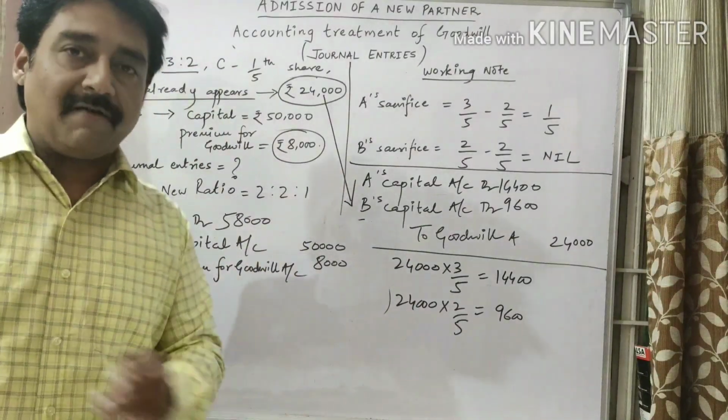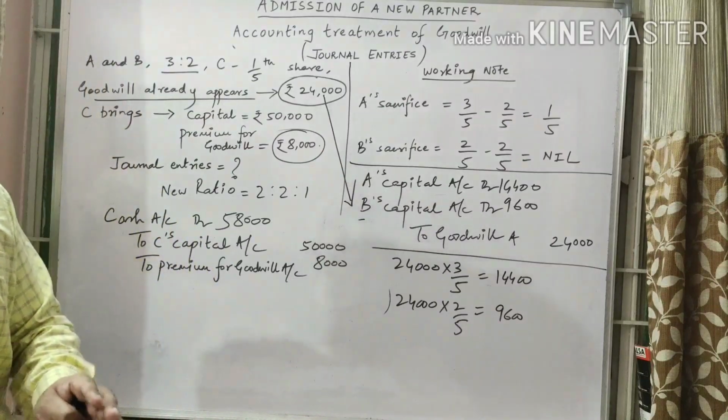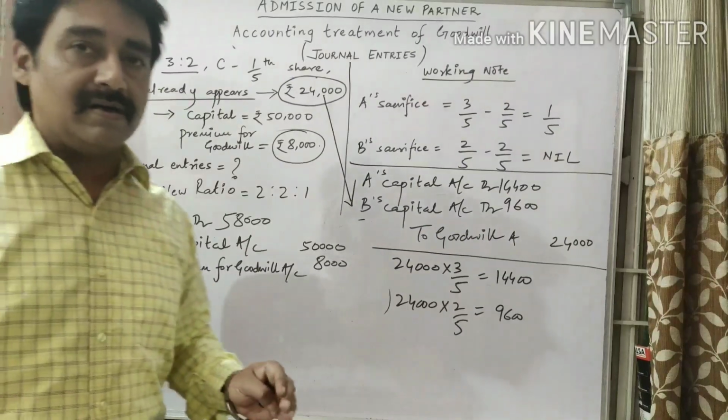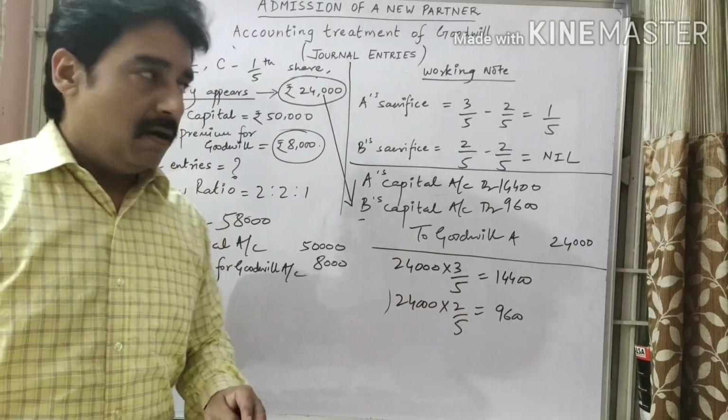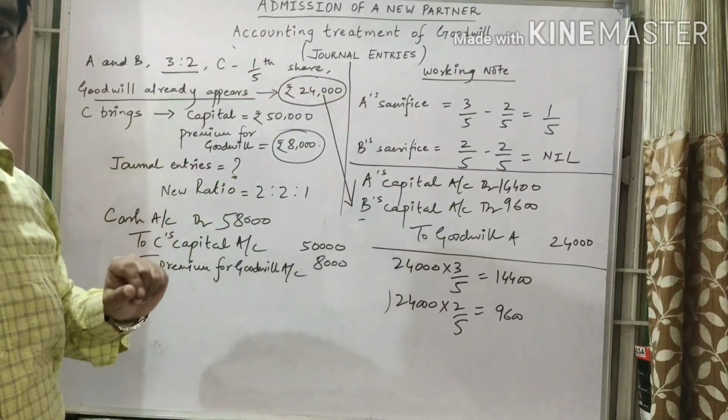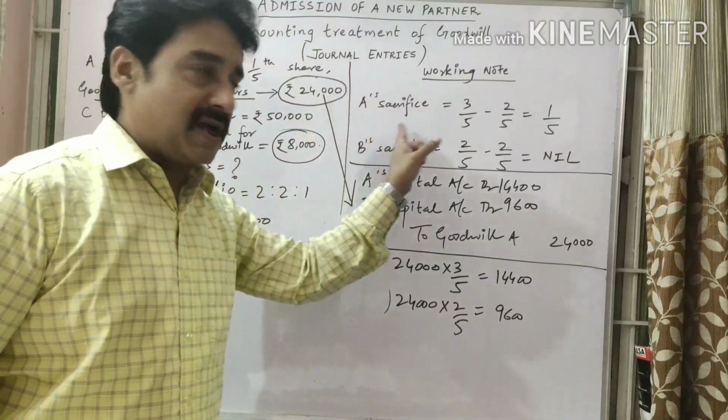And what is to be done for this premium for goodwill? We simply have to distribute this premium for goodwill amongst the sacrificing partners. And who are the sacrificing partners in this question? We have already calculated the sacrificing ratio, and we know the situation now that it is only A who is sacrificing.